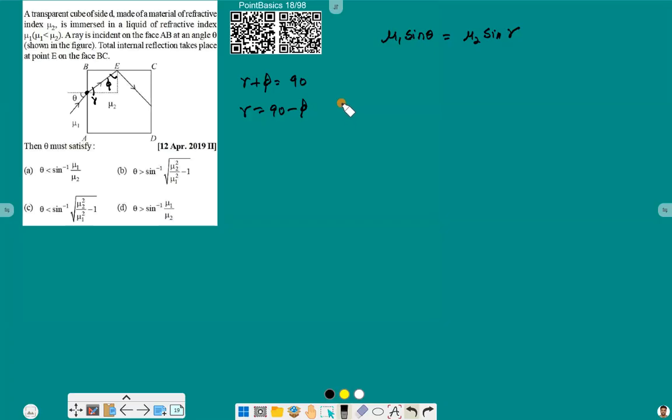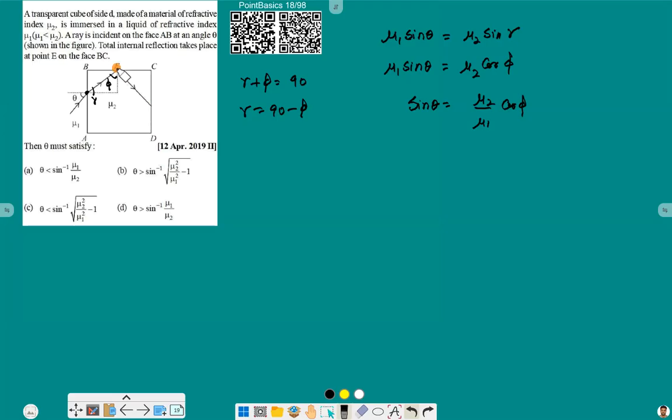From this we get the relation that mu1 sine of theta is equal to mu2 into cos of phi. Now from this, sine of theta is equal to mu2 by mu1 into cos of phi.